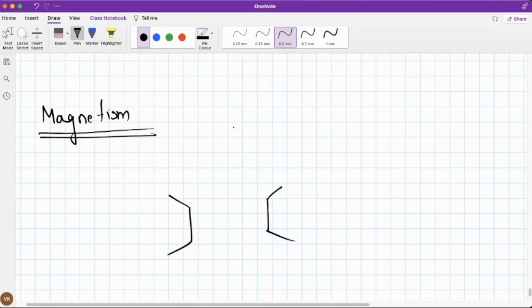Here they put a magnet, and there is a nylon thread connected to a glass rod, and the glass rod is connected to a Gouy tube.